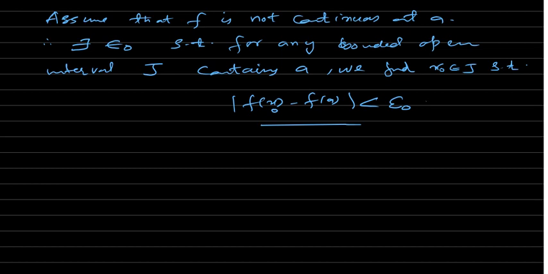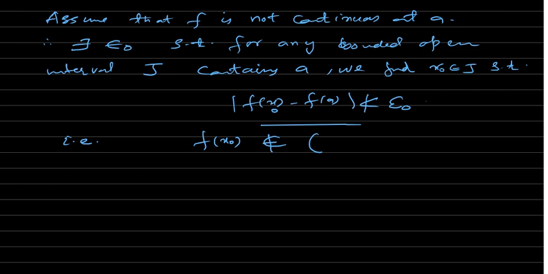You can find some x such that this is not less than epsilon, or it does not imply this is less than epsilon. So you can say this: f of x naught does not belong to this interval. Which interval?